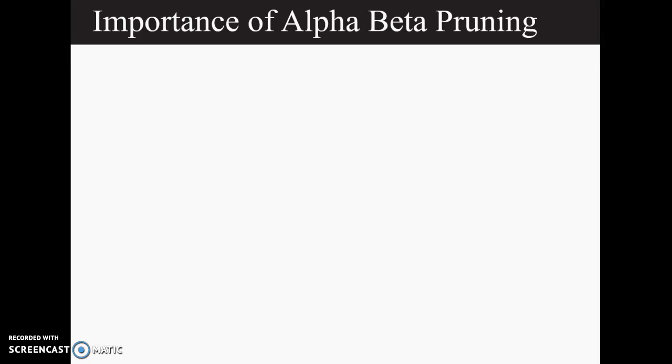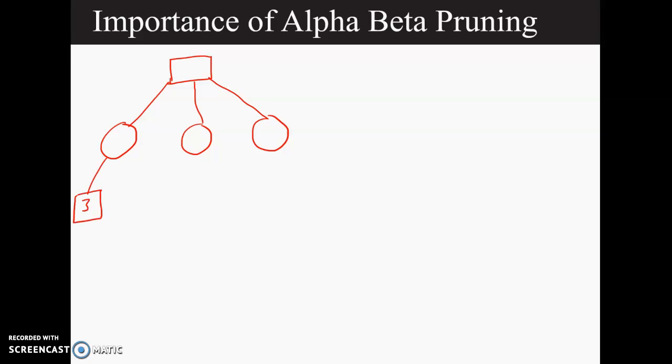So suppose we have a game tree, and the structure of the game tree is like this. This is the root node, this is one vertex, second vertex, and third node, and here I have 3 at terminal node, 5 at terminal node, and 10 at terminal node. This is 10.